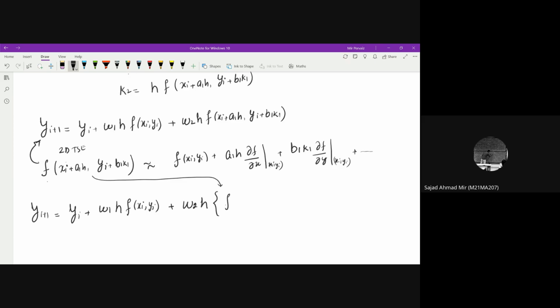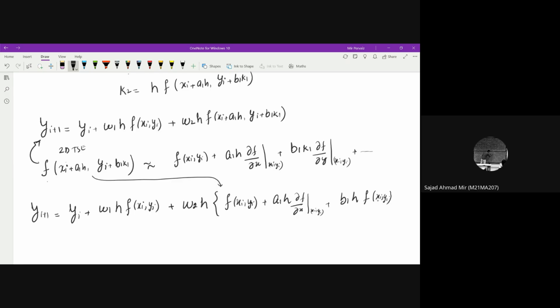So this will be f of xi, yi plus a1h del f by del x at the point xi, yi plus b1 h f of xi, yi, b1 k1.